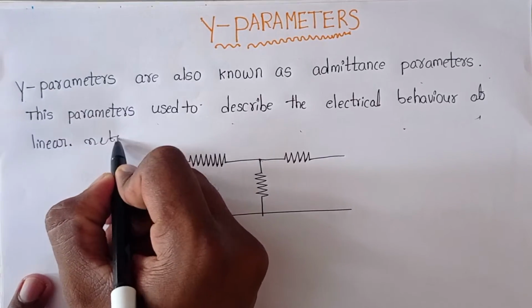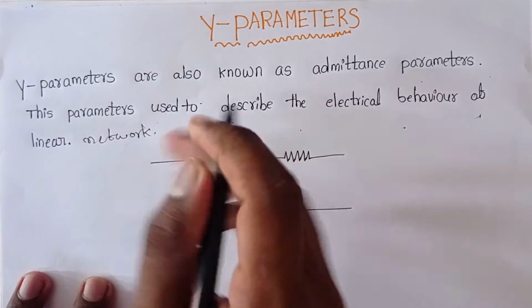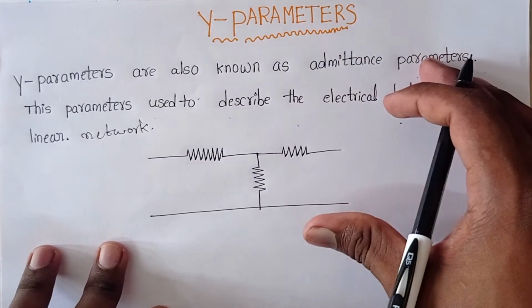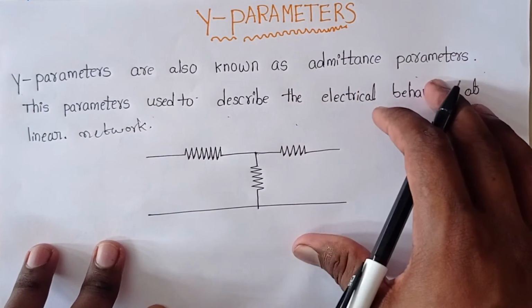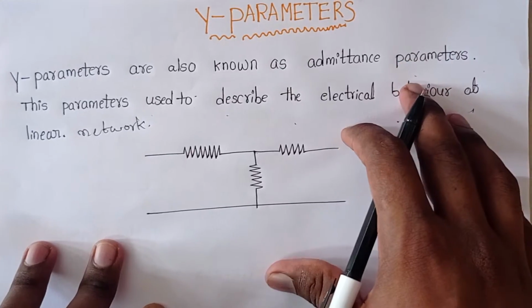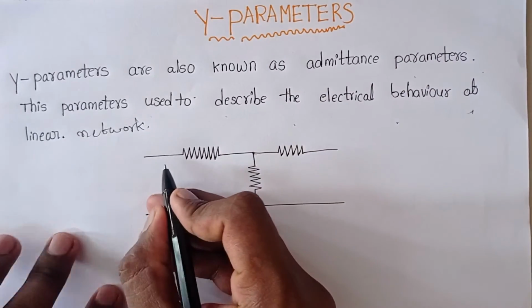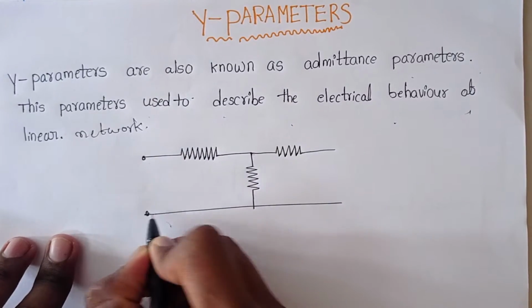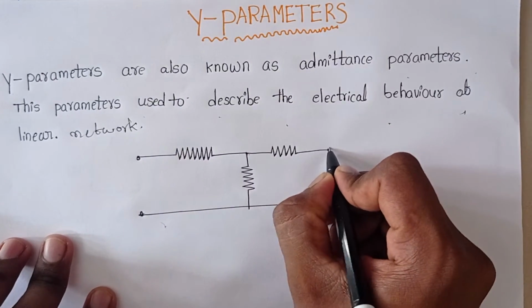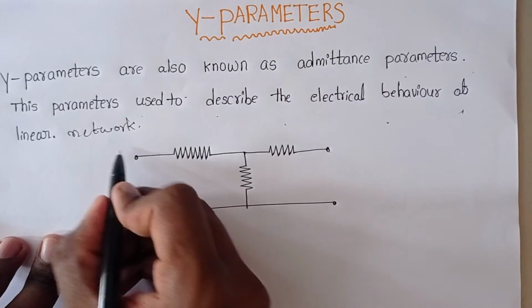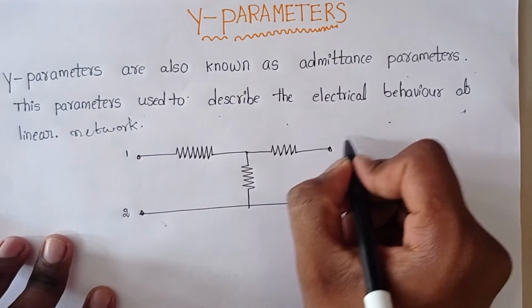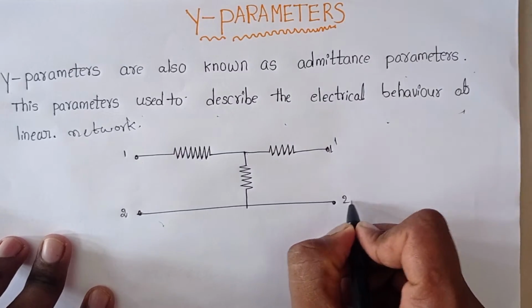Here we have a network. Z parameters, Y parameters and all other circuit parameters are applied on a two-port network. A two-port network is nothing but, see here, it has two ports. Assume this is the input port and this is the output port, named 1, 2 and 1 dash, 2 dash.